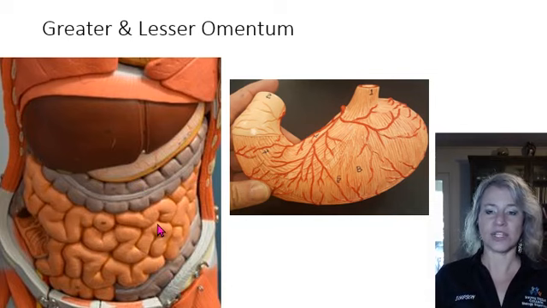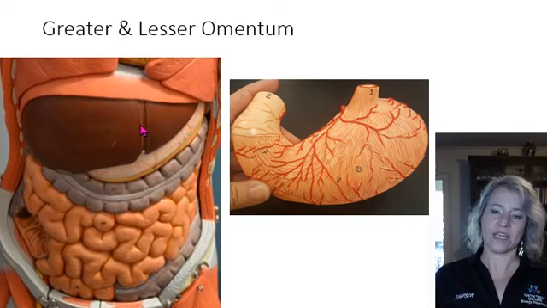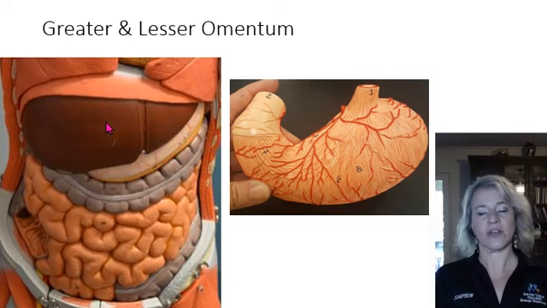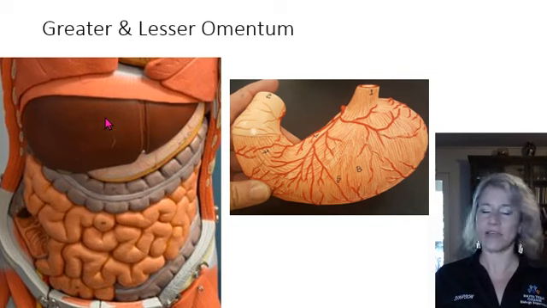Now the lesser omentum travels from the lesser curvature of the stomach to the liver. Underneath this liver here, there's going to be the lesser curvature of the stomach, and then a double fold of mesentery, omentum, that's going to the liver. Now, what is the purpose? It does not have a pocket.